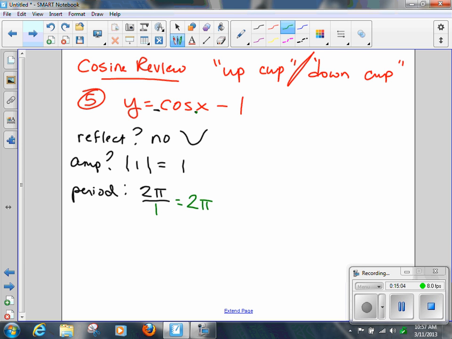We're looking here at the coefficient in front of that x, and we know that it's 1. I know that my period is 2 pi over that coefficient. So it's 2 pi over 1, which is 2 pi. Okay? And then, right here, what is it? Vertical shift at -1.